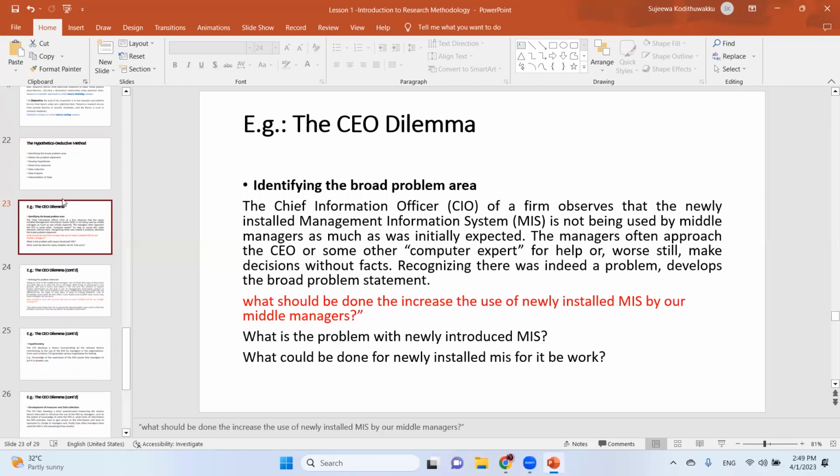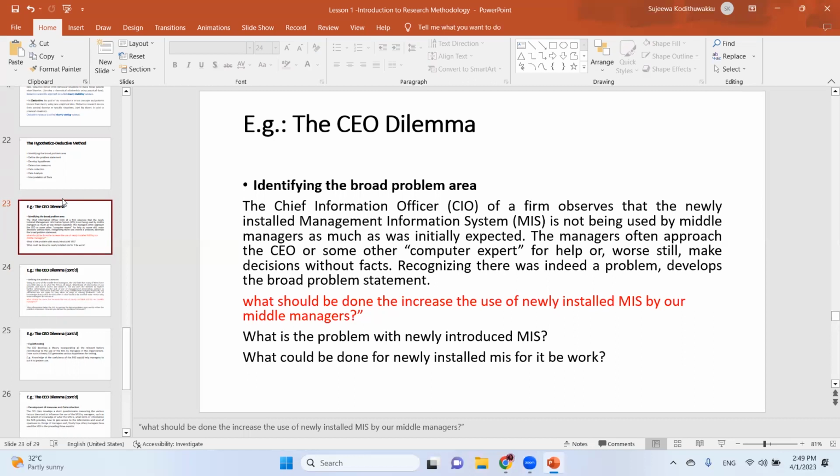Identify a broad problem area from an organization or from the economy or from society, because this is linked with social science now. Management is highly linked with social science, economics, etc.